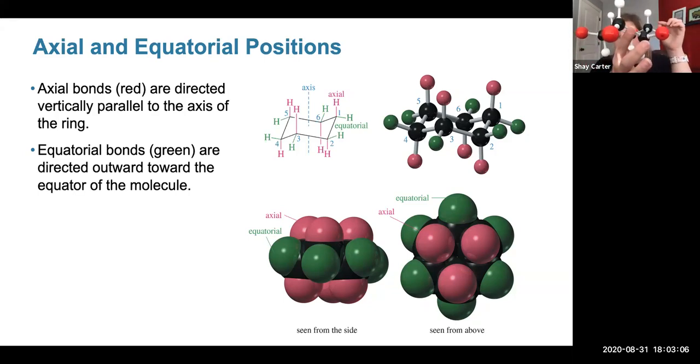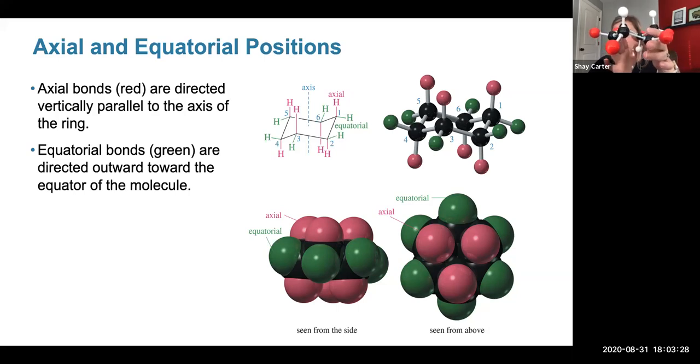In our chair conformation, we have what are called axial hydrogens and equatorial hydrogens. Now, I've already labeled these red and white, okay? Our axial hydrogens, the way that I have this oriented, stick straight up toward the sky and straight down toward the floor.